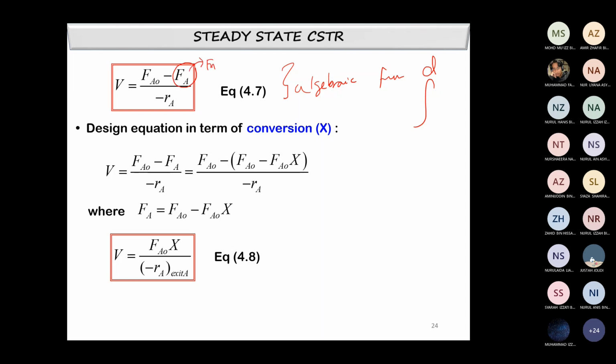FA is equals to FA0 minus FA0 X. Replace for FA. Tinggal ni, kan ni negatif kita positif, so dia akan jadi FA0 X over negative rA. So this is the V lah.